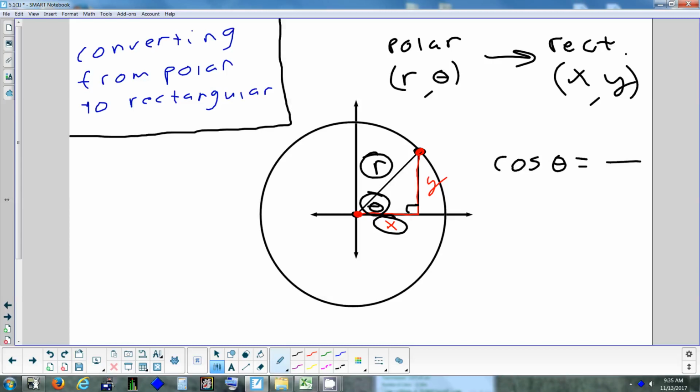So what side is adjacent to theta? Do you remember what adjacent means? Adjacent means right next to. So it's one of the ones I circled, but it's the one that's next to theta and not across from the 90.